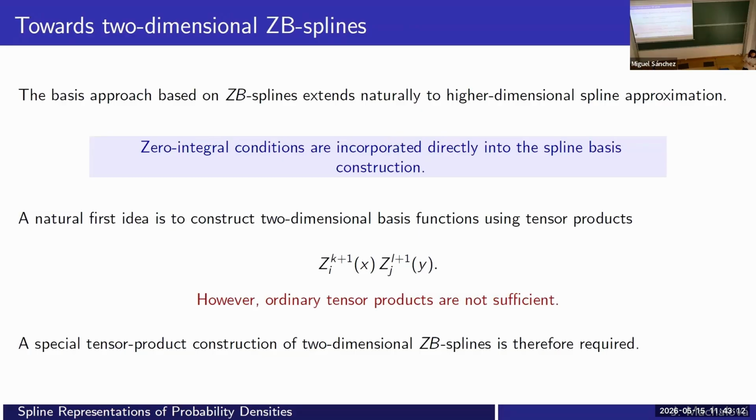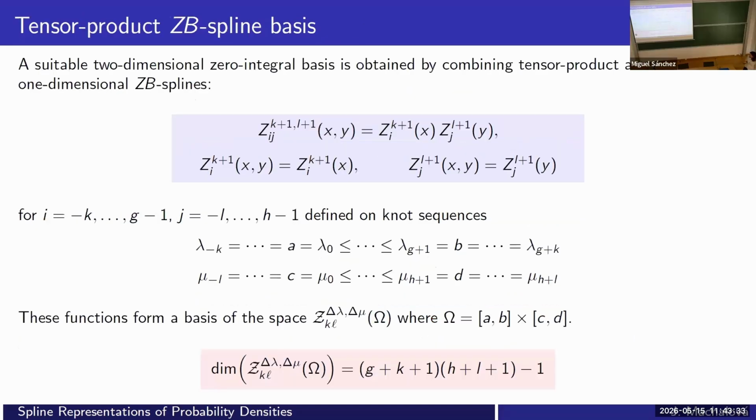And we now want to use this idea for the bivariate case. The very simple idea is to use tensor product ZB splines, but it's not enough because it's connected with dimension. So we have to add some extra functions. And this is very similar to what Maria mentioned here on Wednesday, because we have tensor product functions and functions which are univariate.